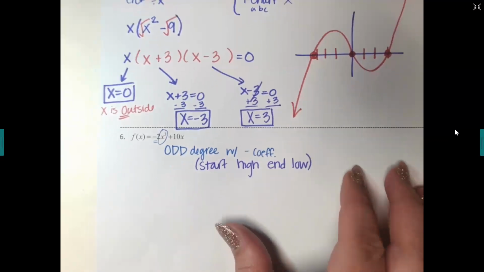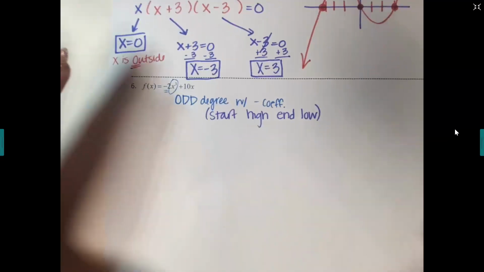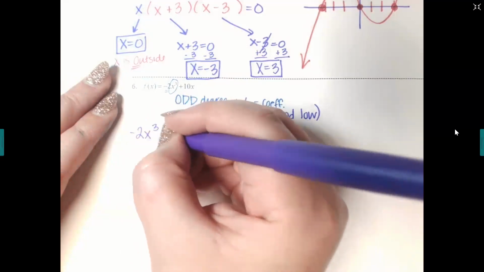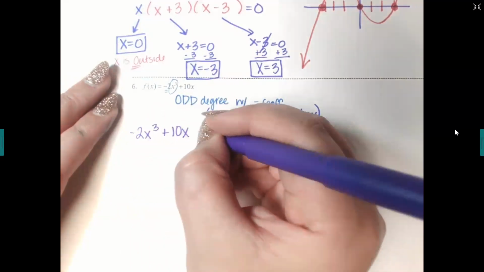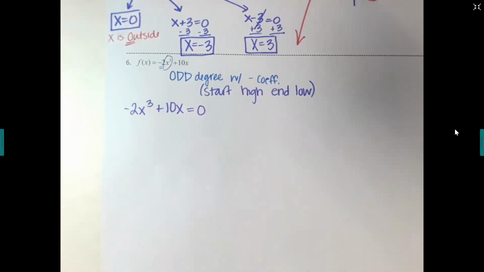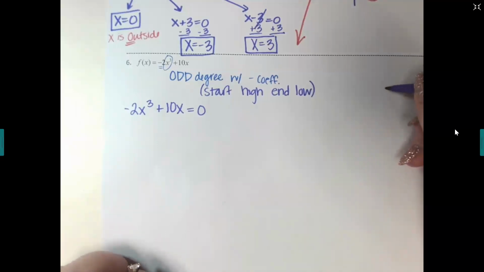Now let's find those x-intercepts. So I have negative 2x to the 3 plus 10x equals 0. First thing I'm going to do is look for GCF, perfect squares, or t-chart.